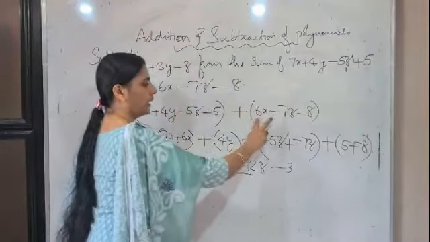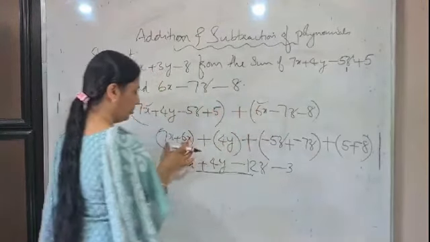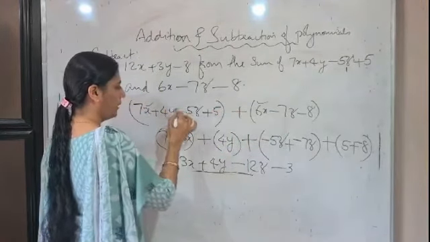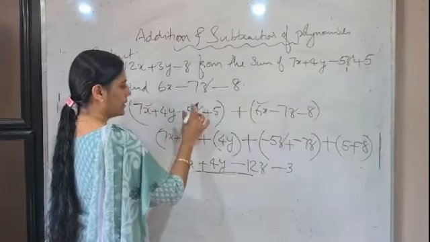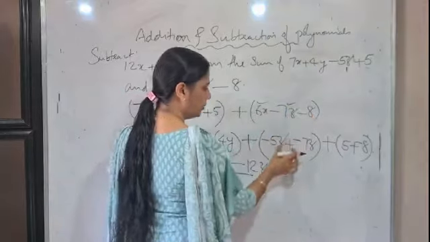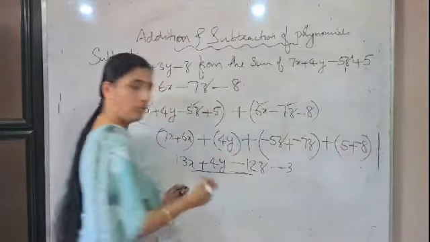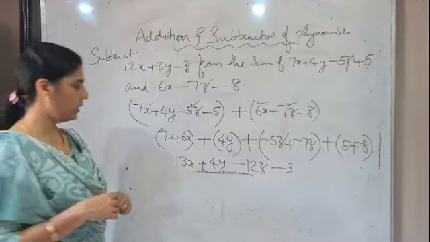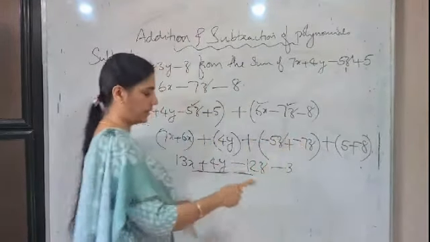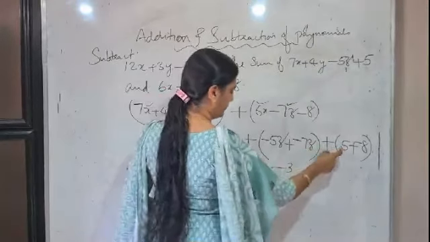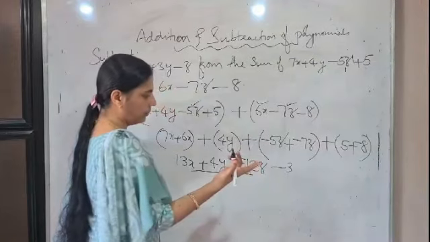First we wrote the first bracket plus it. Now like terms, this and this, wrote together plus. 4y we took, but there is no y term, so 4y alone plus. This and this we took, wrote together plus. This and this we wrote together. Now you know how to do addition of integers. 13, 4y, this is negative 5, negative 7 is negative 12. Otherwise plus you write and negative, no problem.